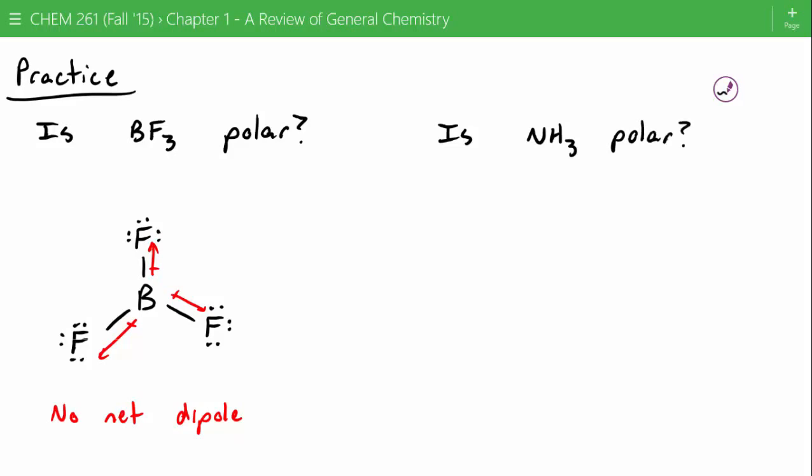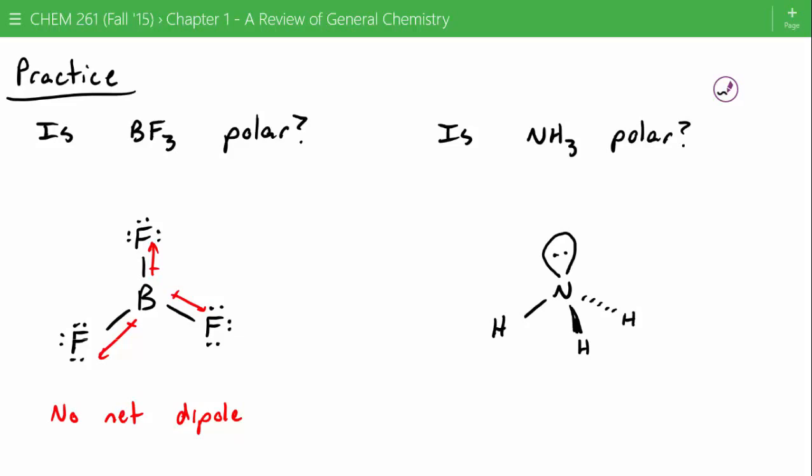So is ammonia polar? Yeah, so in this case, if we go through and draw the Lewis dot structure, nitrogen has this lone pair sticking off the top. It's got a hydrogen here, and a hydrogen going back into the page. What sort of shape is this?